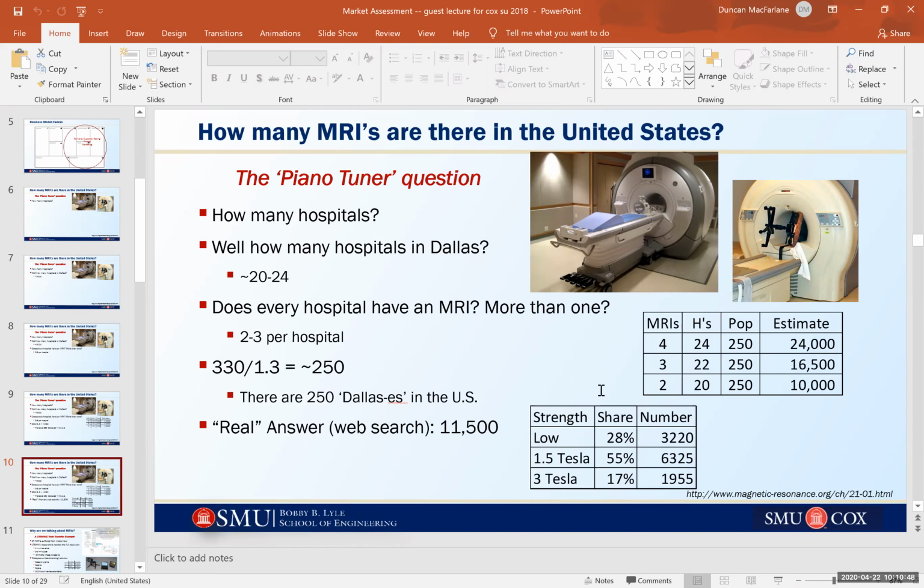Now, it's also useful to segment out the market a little bit more. The particular product, and I'll talk about it in the next slide, is more suitable to the high-end MRIs, these 3 Teslas. Tesla is a measure of field strength, and 3 Teslas is a pretty substantial magnetic field. You can see from the picture the effects of a 3 Tesla magnet.